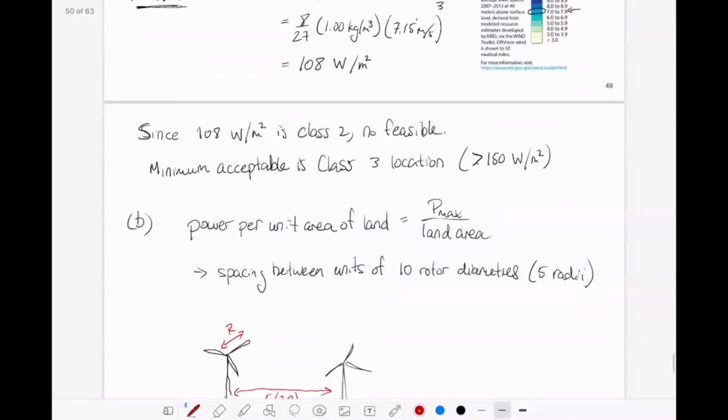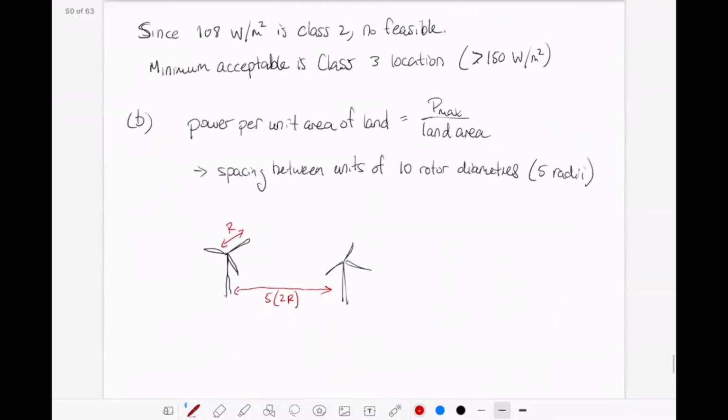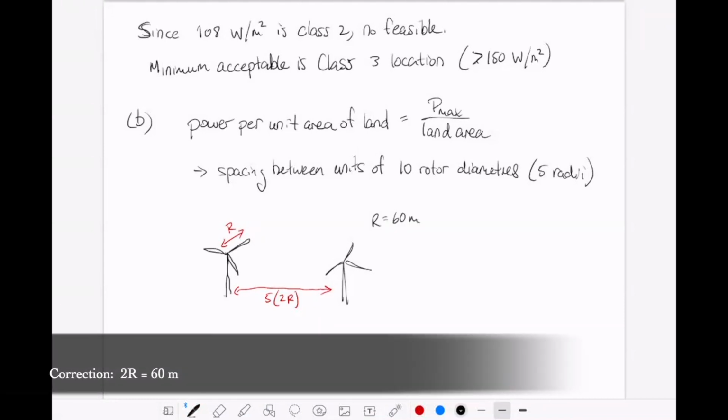So it says in the problem that our rotor diameter is 60 meters. So r is equal to 60 meters. So the distance between each one has to be 5 times 60 meters.